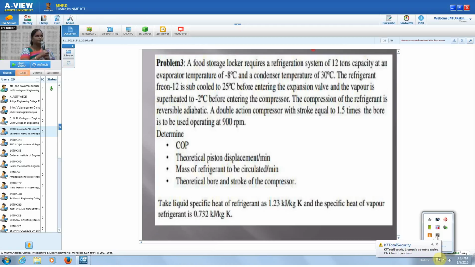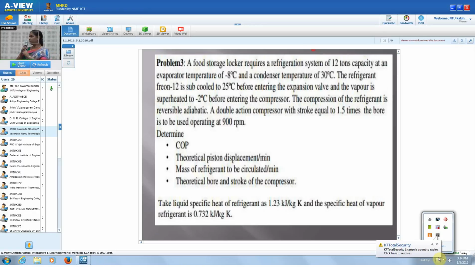Determine the COP, the theoretical piston displacement per minute, the mass of refrigerant to be circulated per minute, then the bore and stroke of the compressor. Specific heat of the liquid refrigerant is 1.23 kilojoules per kg Kelvin, and specific heat of the vapor refrigerant is 0.732 kilojoules per kg Kelvin.